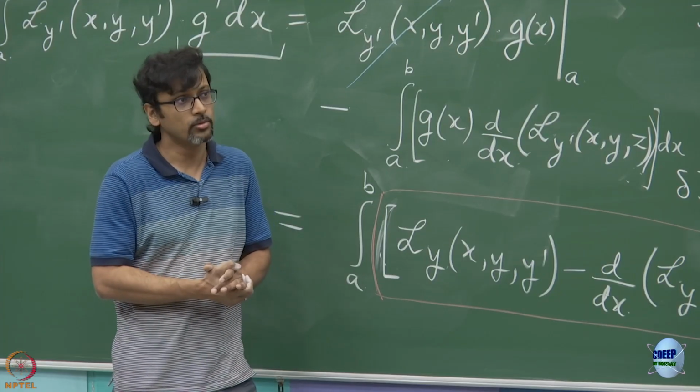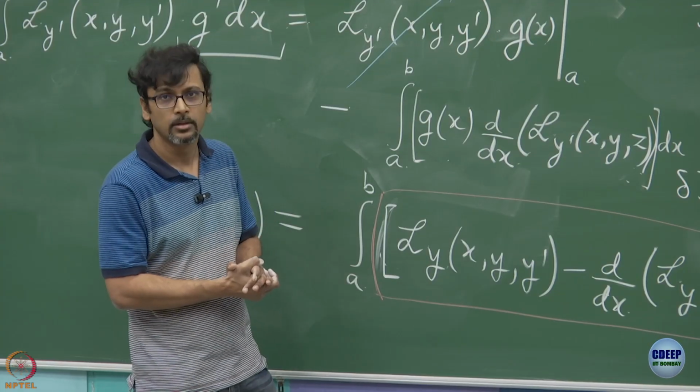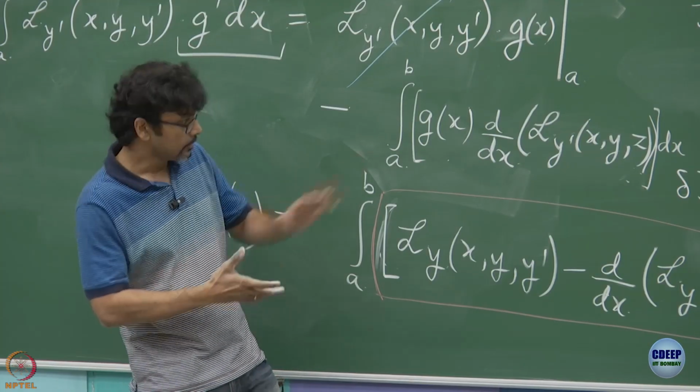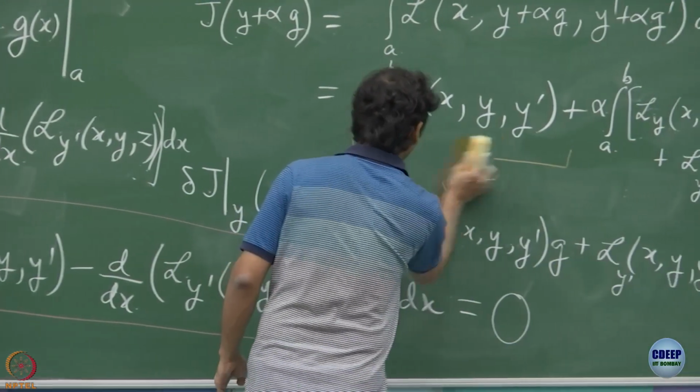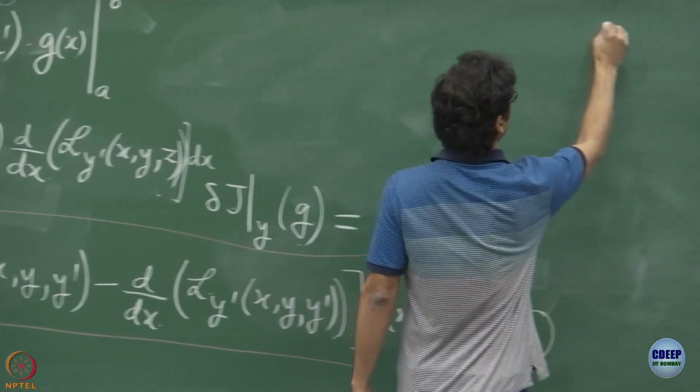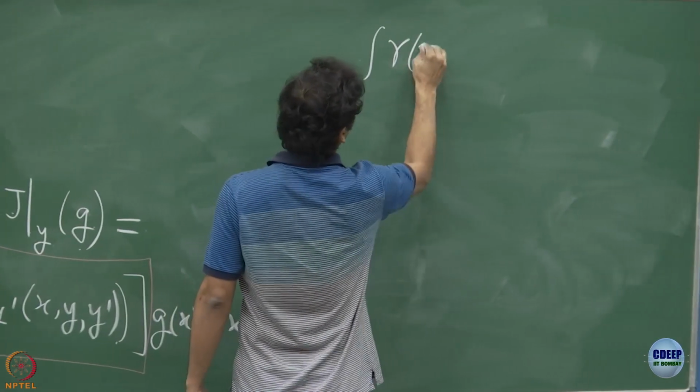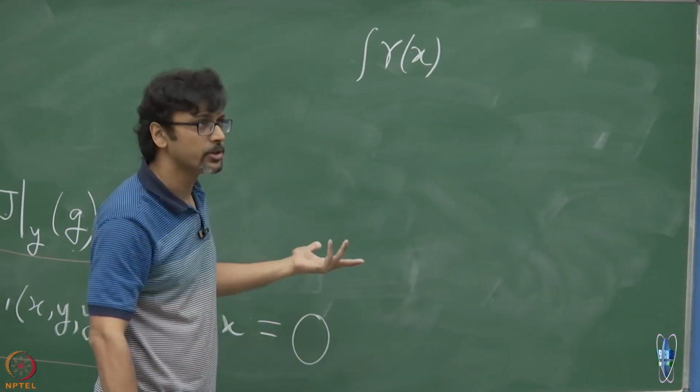But is it true? Just because we wish it were true does not make it true. Let's see if it is true, or if we have any hope of establishing that it is true. Consider a function gamma of x, continuously differentiable.